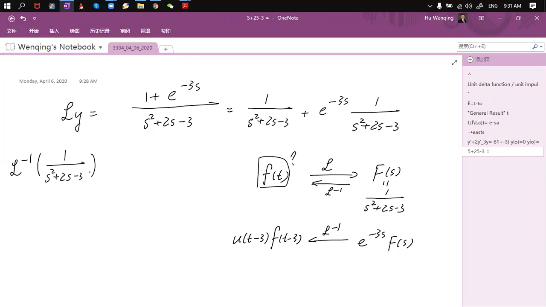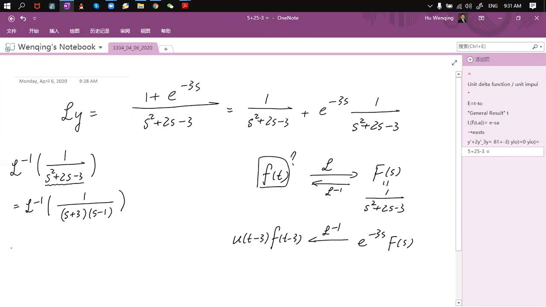As I told you many times, if you look at the denominator, you have to determine whether you would like to factorize the denominator or complete the square. Here, obviously, you should factorize the denominator. So that gives you the inverse Laplace transform of 1 over s plus 3 multiplied by s minus 1.